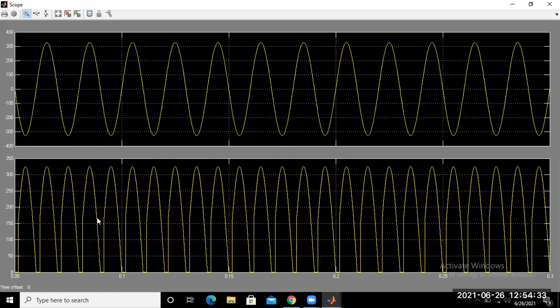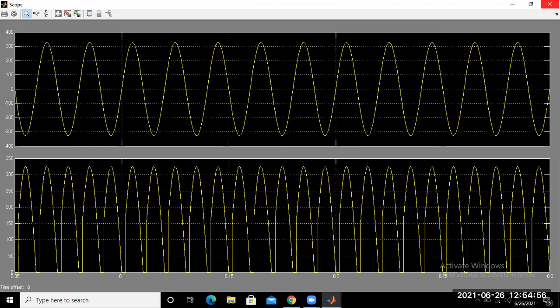Similarly, you may change your delay angle. This one we consider for the 30 degree delay angle. If you want to change the delay angle, suppose 45 degree or 60 degree, then again go to the pulse generator and change the phase delay accordingly.